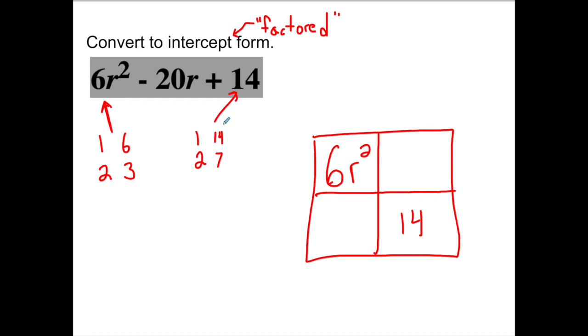Alrighty then. Now, here's what we know. Because we're multiplying to a positive number, the numbers in the corner either need to both be negative or both be positive, so they'll multiply to a positive.